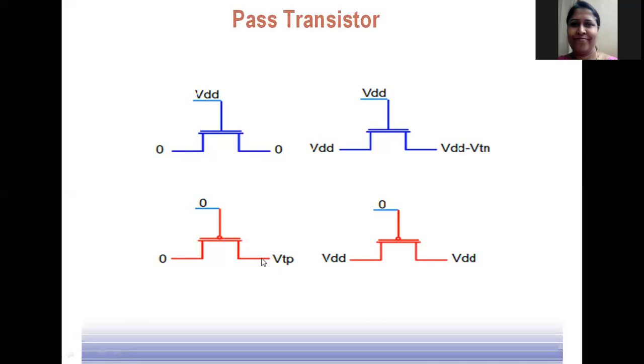Here, instead of getting exactly 0 volts, you get VTP, that is the threshold voltage drop across the source terminal. So in this case, the PMOSFET is turned on by applying 0 voltage.